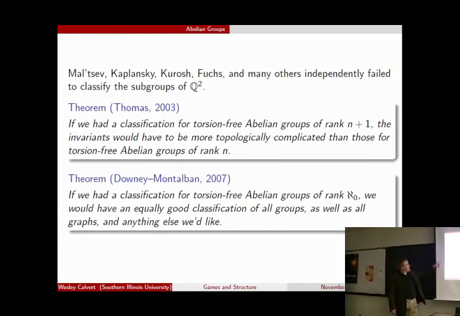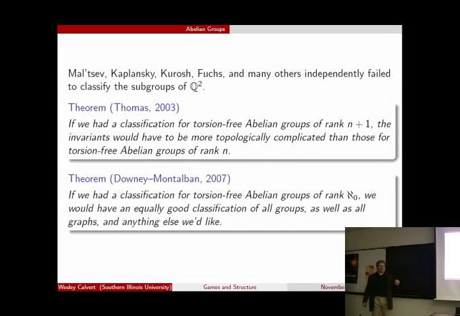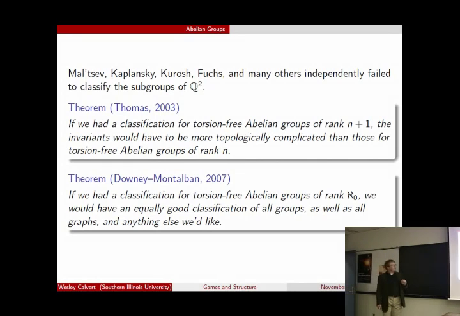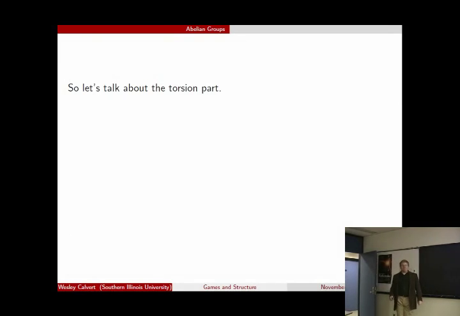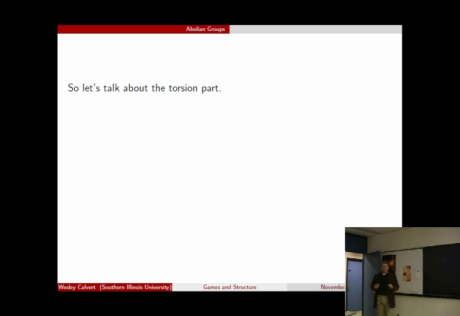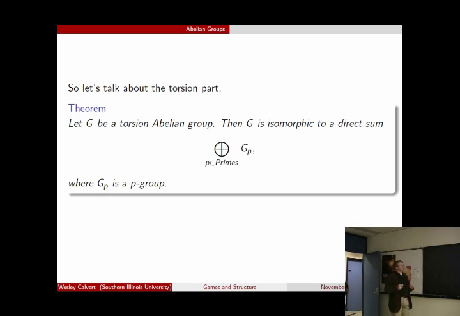So I actually had some progress toward this in my thesis, and then Dadi and Montalbán finished it up fairly recently. So, for this reason, we will now quit torsion-free abelian groups for the moment, and for the rest of this talk, and talk about the torsion part, which is much nicer. So we have a torsion abelian group.